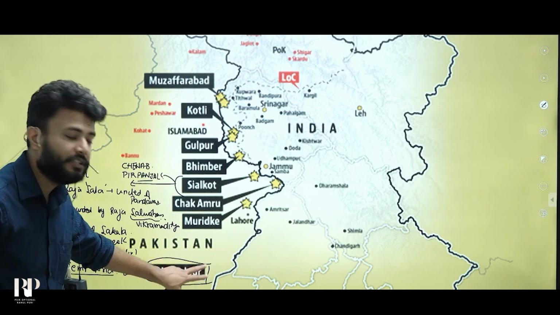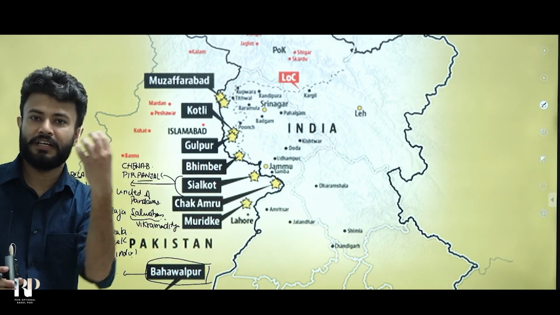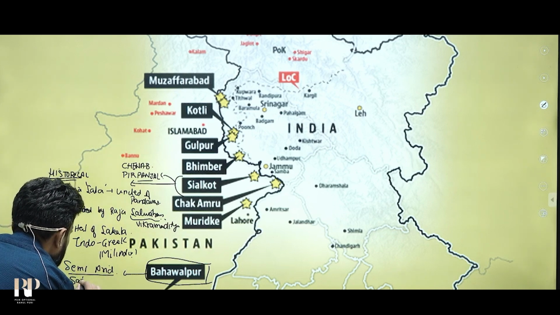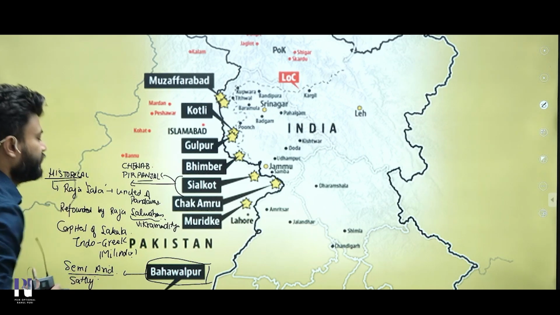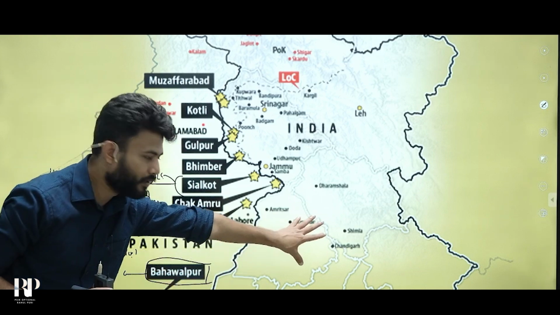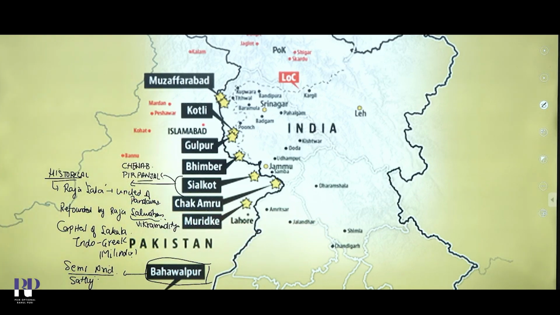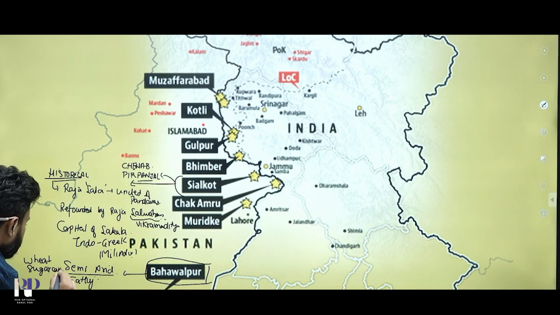But this region also has some fertile riverine tracts of river Satluj. Okay, so Satluj tracts are here. We know the flow direction and the path of the Satluj, and this region therefore is also famous for crops like wheat, sugarcane, as well as cotton.